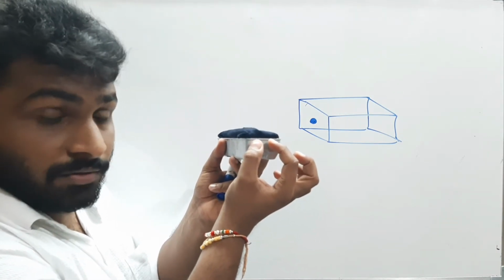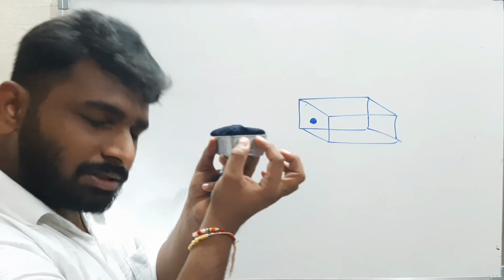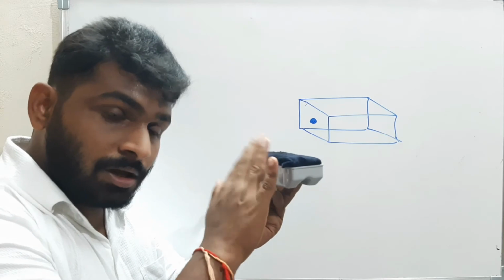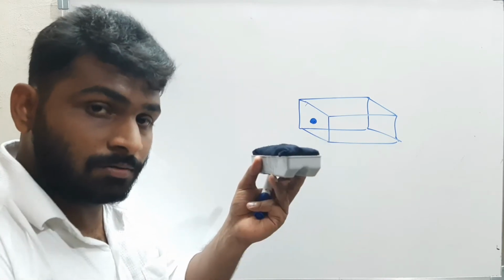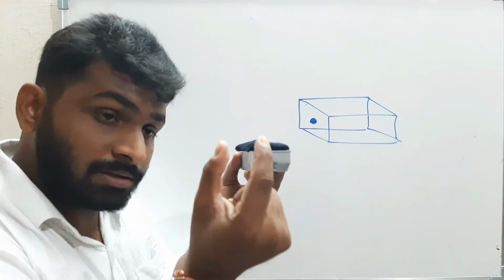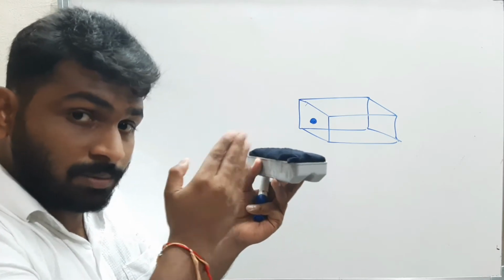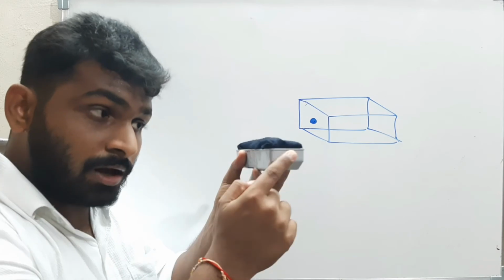I place the charge here. When I place the charge here, just imagine what will happen. Only half of the charge will be inside this body and the remaining half will be outside. You guys will accept that?